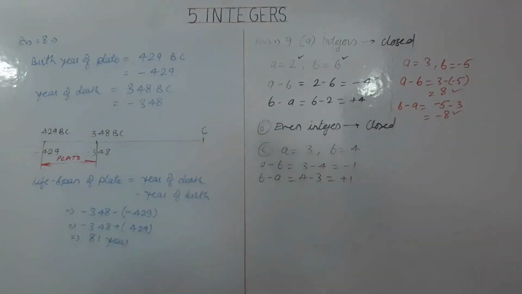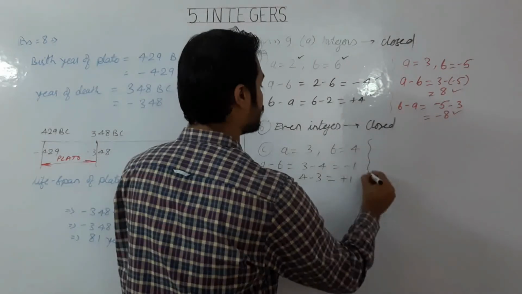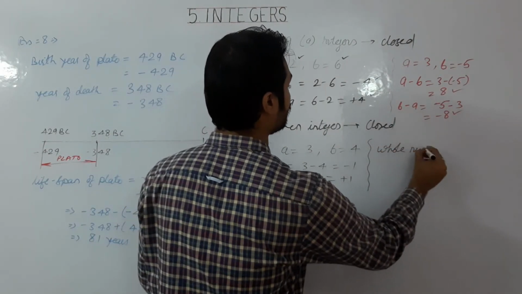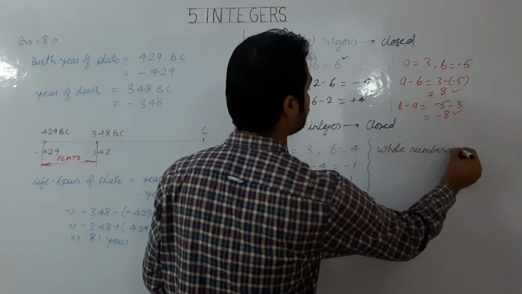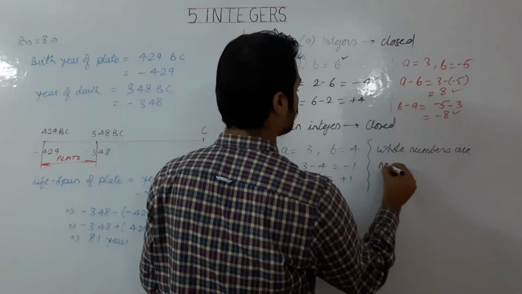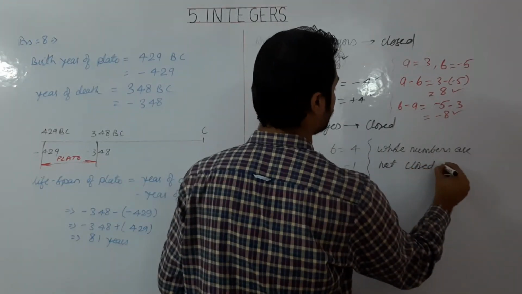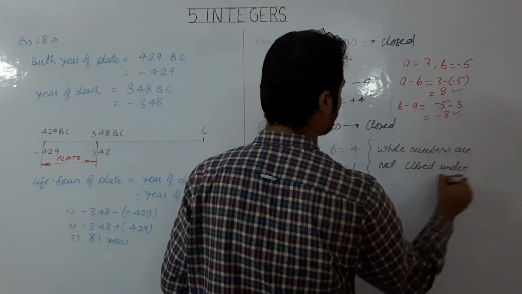Now, A minus B is minus 1, and minus 1 is not a whole number. It means whole numbers are not closed under subtraction.